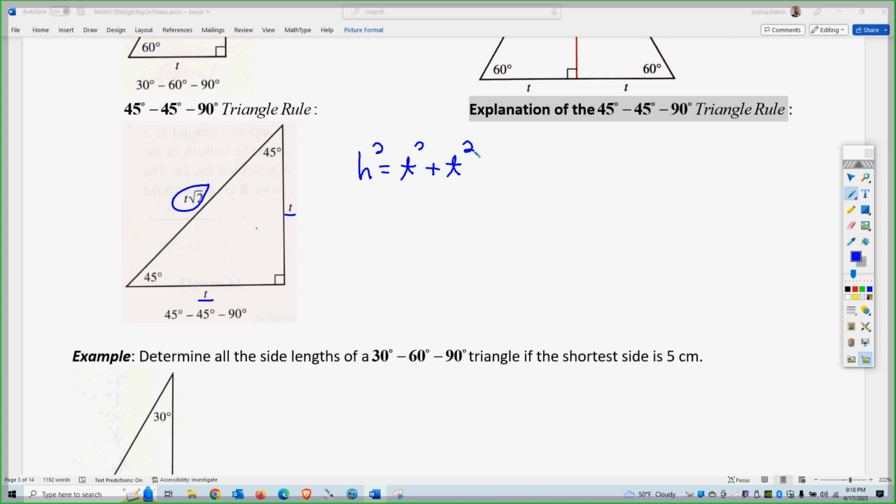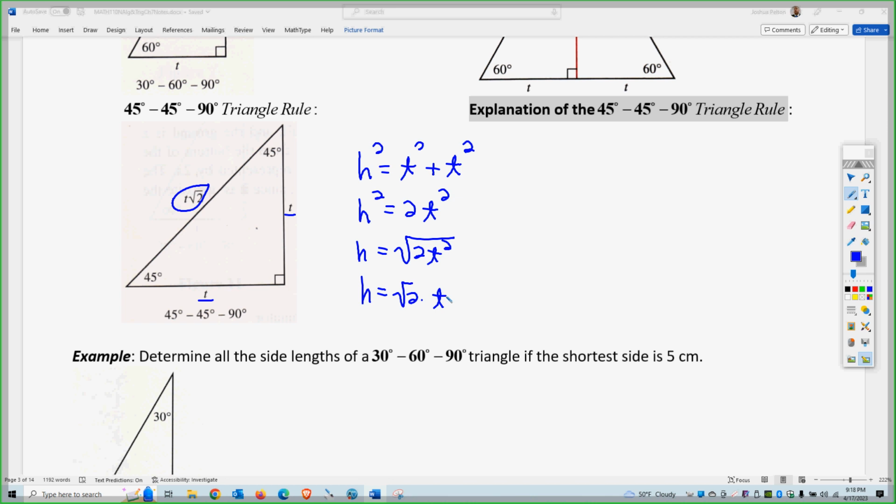So h squared equals 2t squared, so h equals the square root of 2t squared. So h equals root 2 times t. Again, plus or minus, we don't need the negative one in this case. So we've just proven to ourselves the hypotenuse is root 2 larger. And conversely, if you go the other way, the legs must be root 2 smaller.